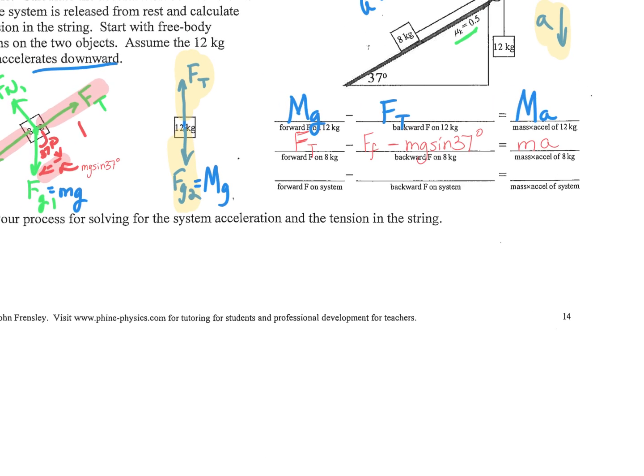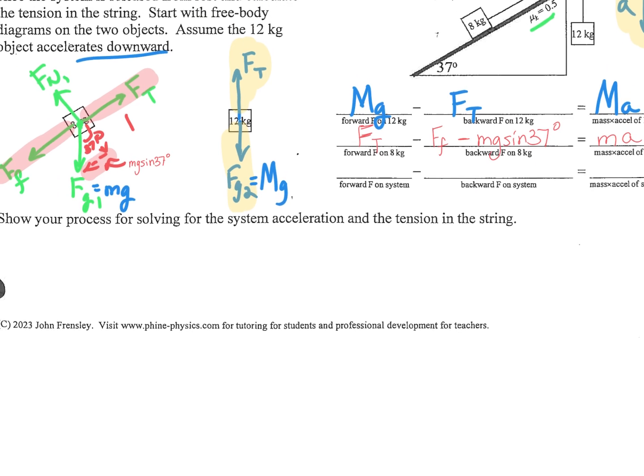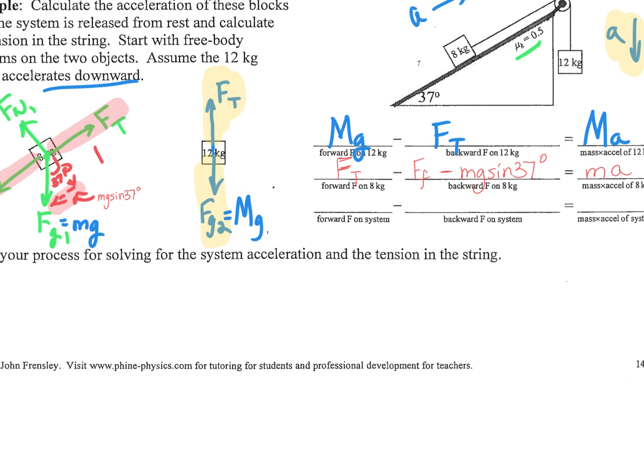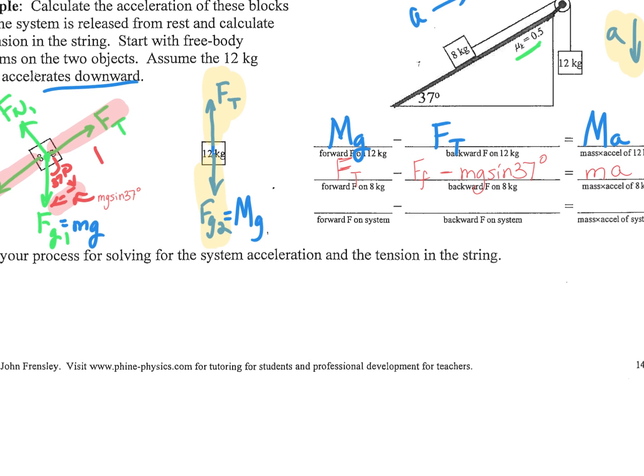Now, for the system, remember what we can do here. For the system, all we have to do is do a little bit of adding. If we add these together, right, we learned this.